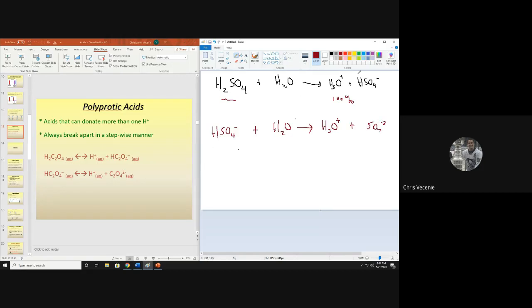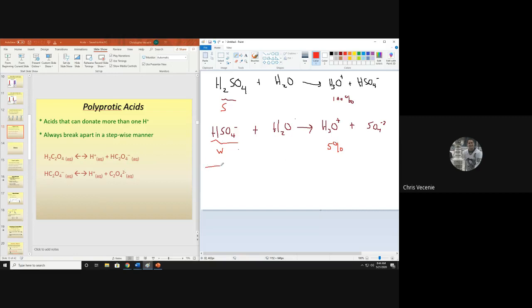But because this guy is not on our list of 6, he's weak, which means this extra H that gets donated only happens to 5%. So it doesn't give away double the amount of the other strong acids. It gives away 100% plus the additional 5%, because the thing that's left behind is not a strong acid.